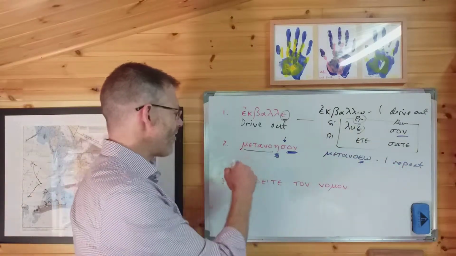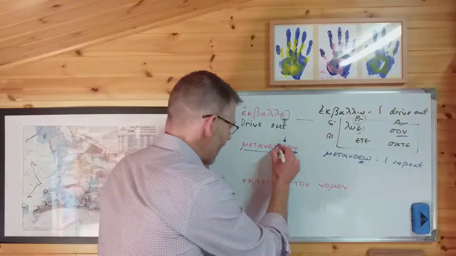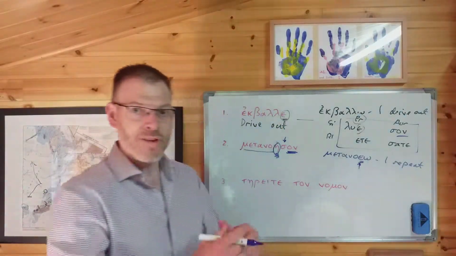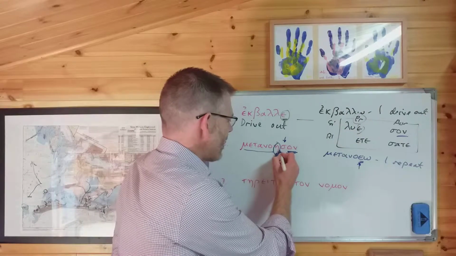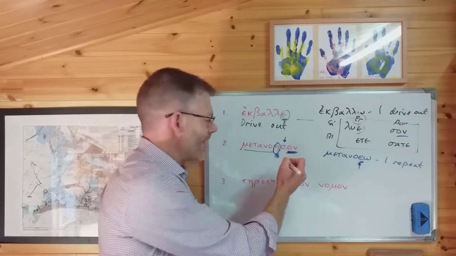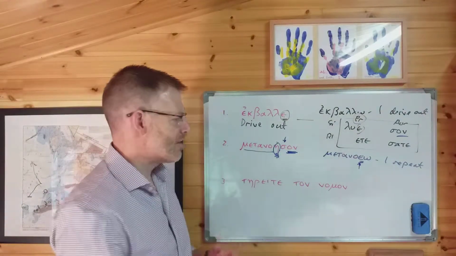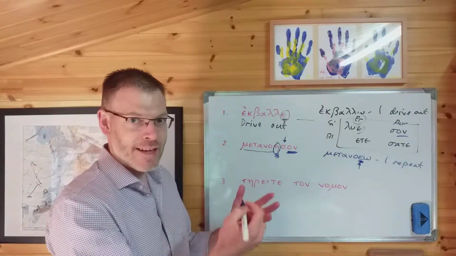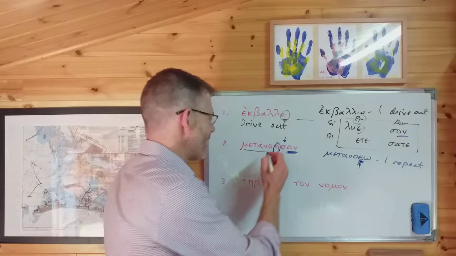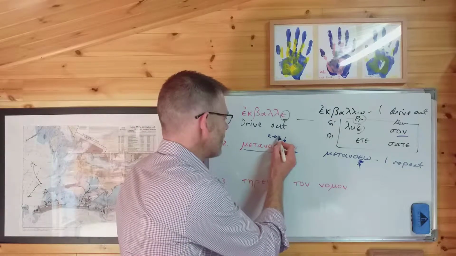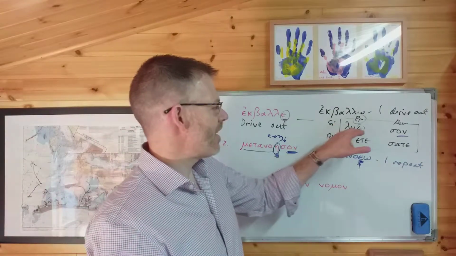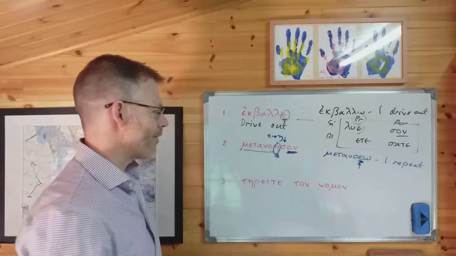So this is an aorist imperative. What's happened here is that this weak epsilon wants to be long. It's separated from the vowel in the ending by this sigma, so the only way to be long is to turn into the corresponding long vowel. So the epsilon turns into an eta, giving you metanoeson, the singular aorist imperative of I repent.